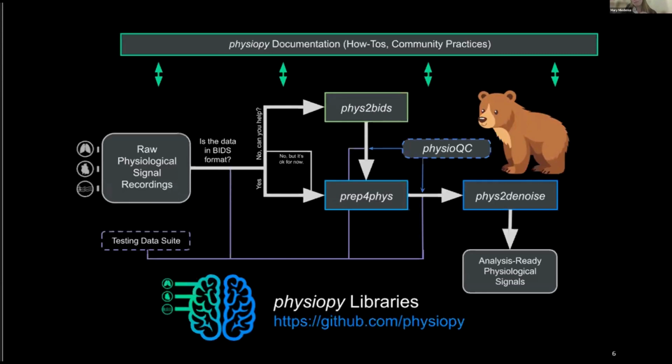And it also allows you to then plug in that standardized data into other tools, including our own toolboxes, Prep for Phys, which lets you pre-process that data, do some artifact handling, peak detection, and then again, pass that data along to our toolbox Phys2Denoise, which lets you compute metrics of interest for fMRI denoising.